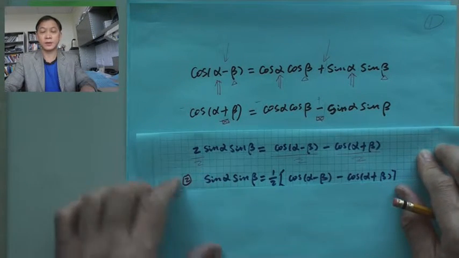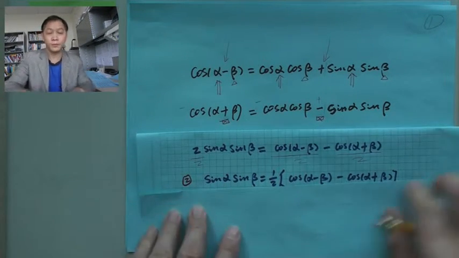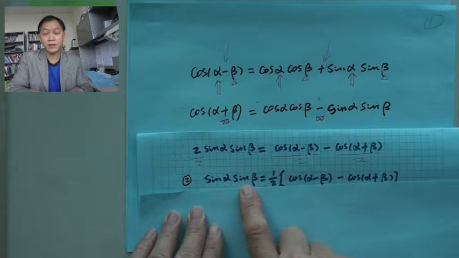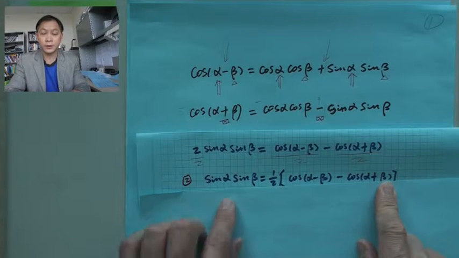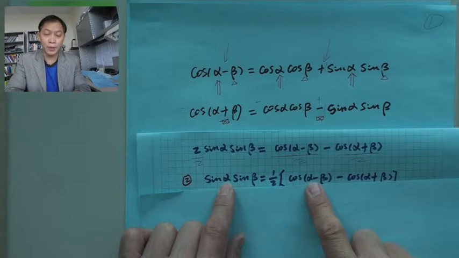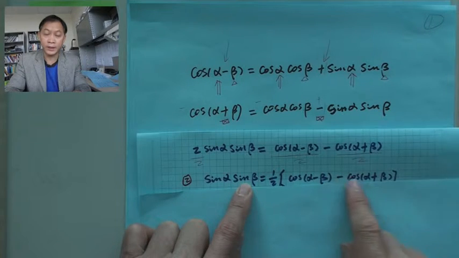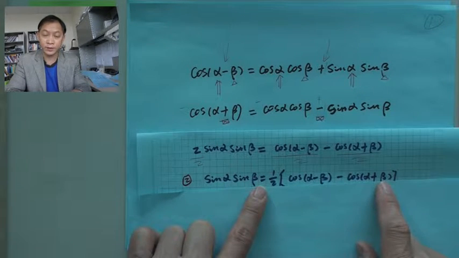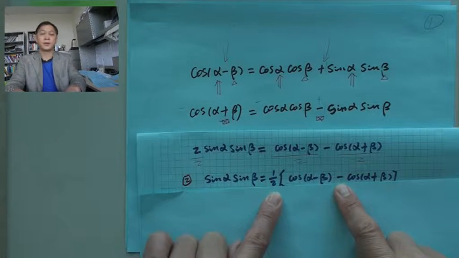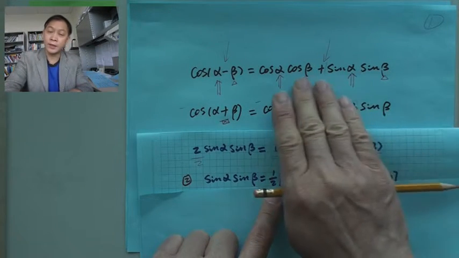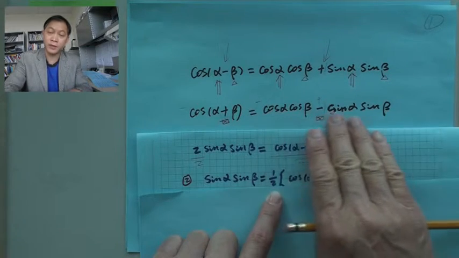This tells us that for sine alpha, sine beta, you get cosine. Okay? And you always use the first one minus the second one, and then add the first one and the second one. Here's subtraction. So this is what we did for the right hand side minus the right hand side.